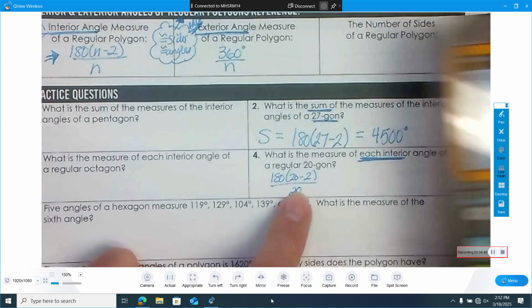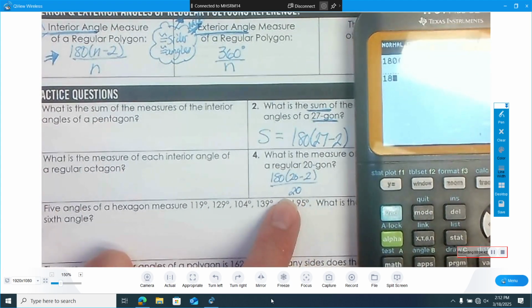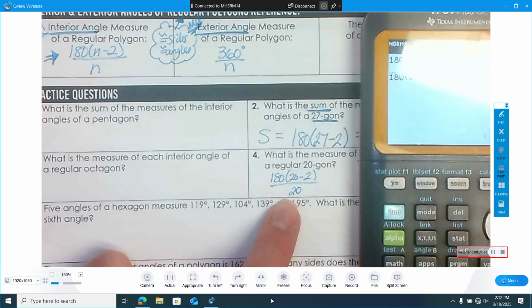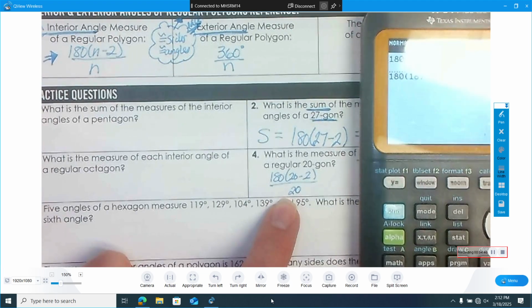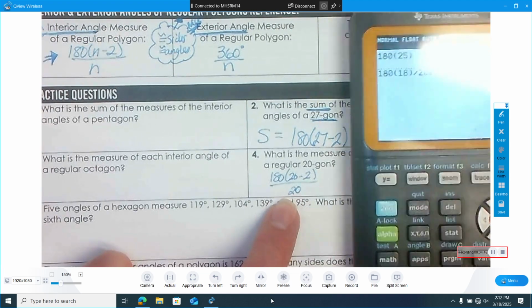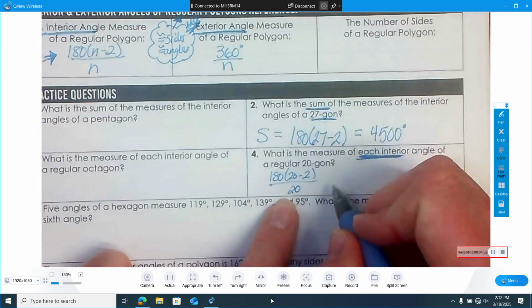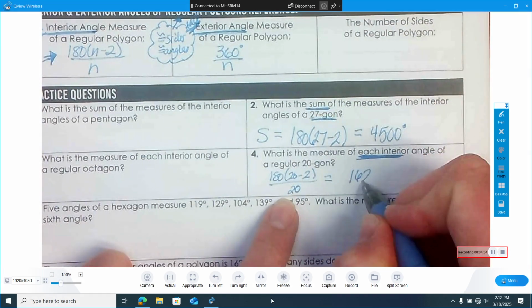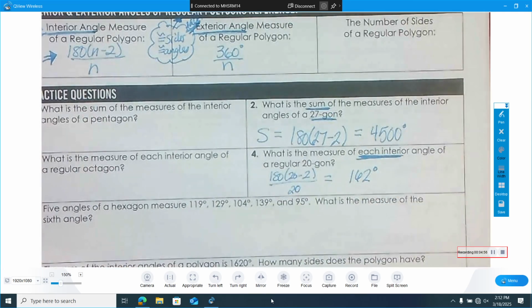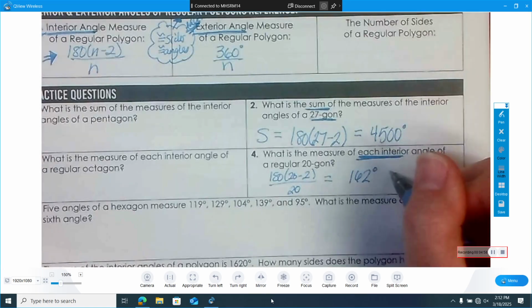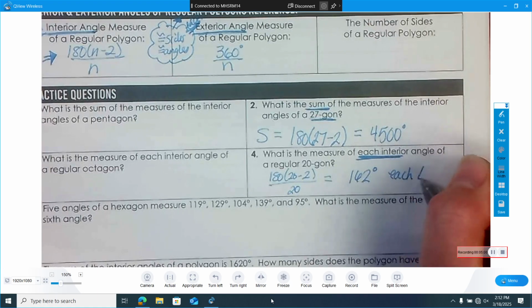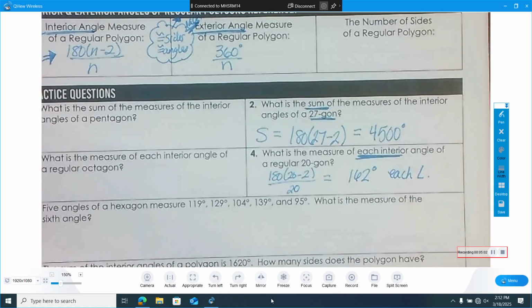So in my calculator, I'm going to just go ahead and do, let's see, 180 times 18 divided by 20. I can do it all in one line if I do it that way. The other way works too with parentheses. So 162 degrees. So that's the measure of each angle, okay? Each angle is 162 degrees.